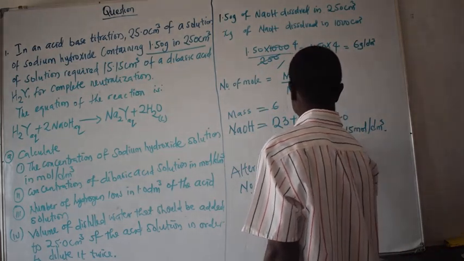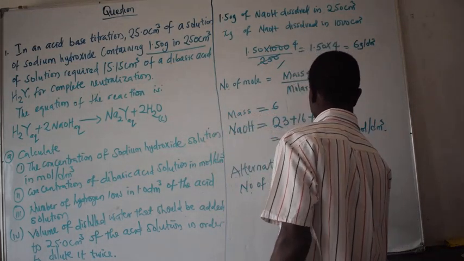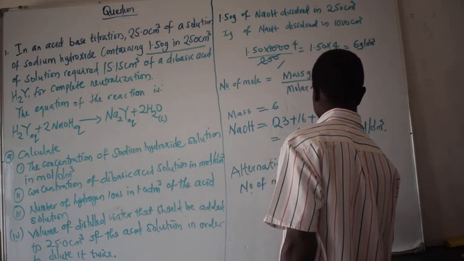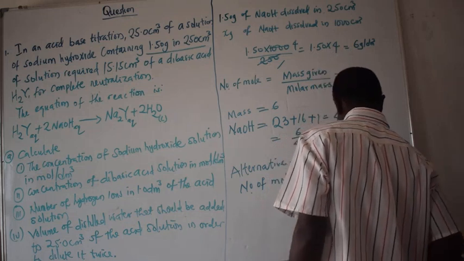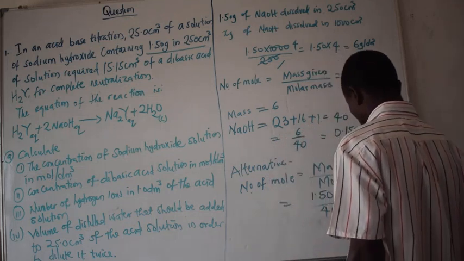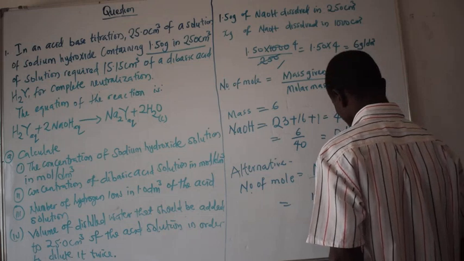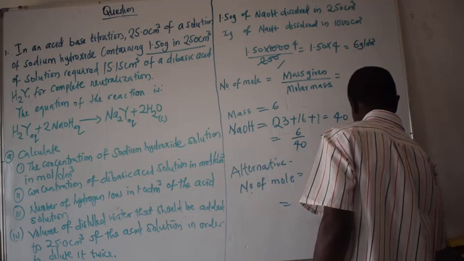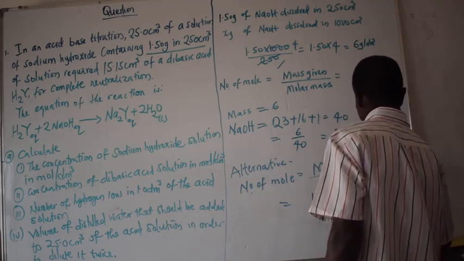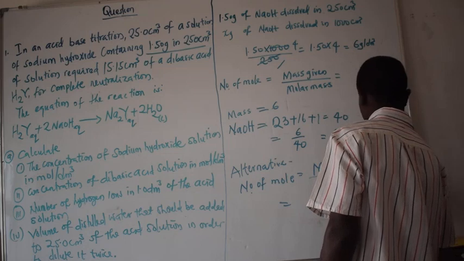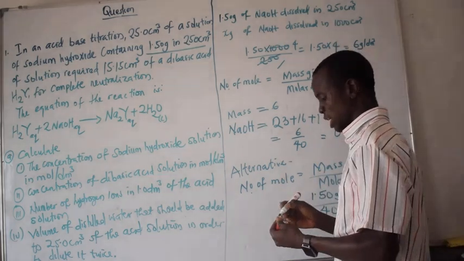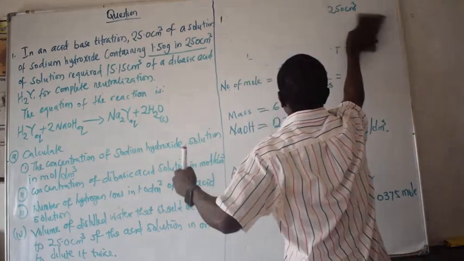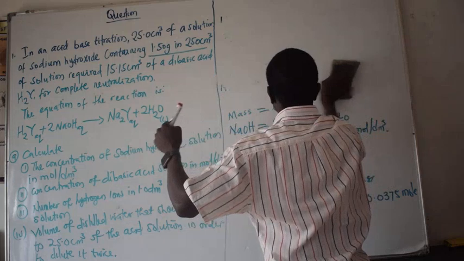The mass given to us is 1.50 gram over the molar mass of sodium hydroxide, which is 40. So we have 1.50 divided by 40, which is 0.0375. It's not yet mole per dm³, it's just mole.